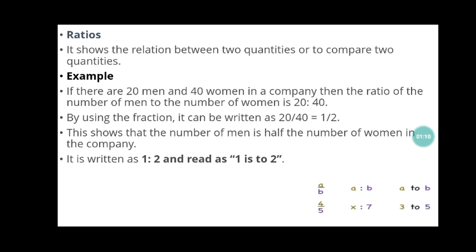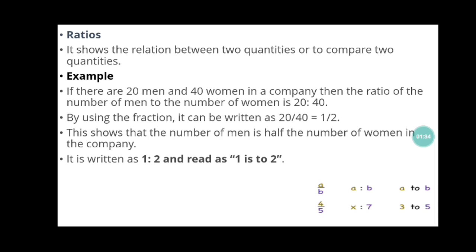So you can see the numbers. There are 20 men and 40 women. And sometimes kids, or people, make the mistake of first writing the bigger digit, like women. 40 women are there, so they write 40 and then 20. That's wrong.